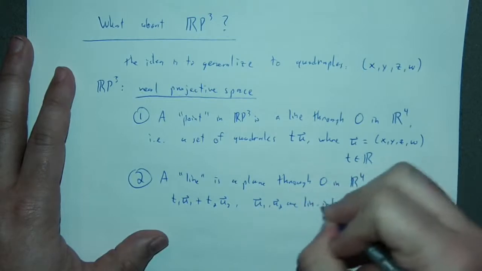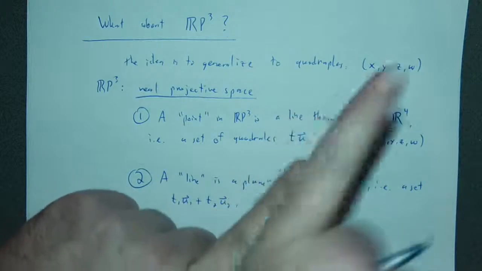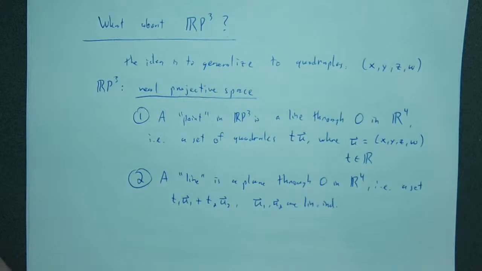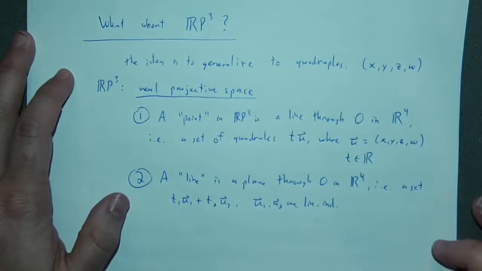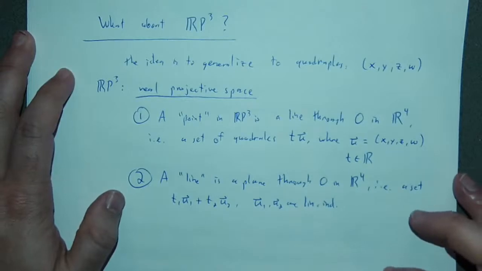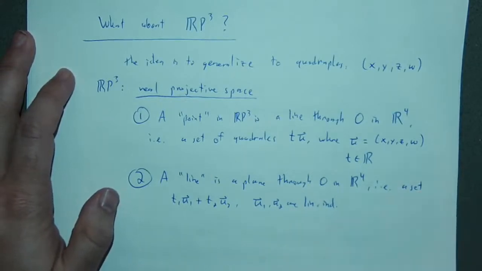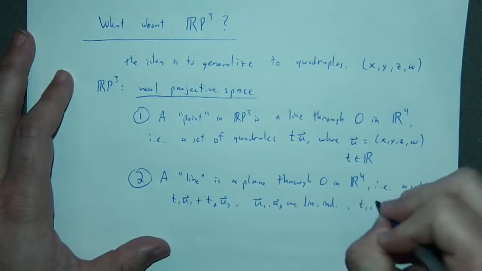This just ensures that we have general position. If the two vectors aren't linearly independent, if they line up, then this doesn't determine a plane, it just determines another line. So we want these to be linearly independent so that they actually determine an object big enough in dimension, where t1, t2 run through all the real numbers.